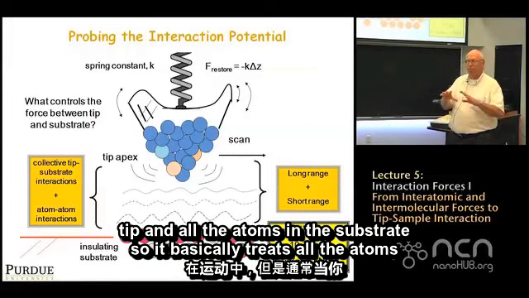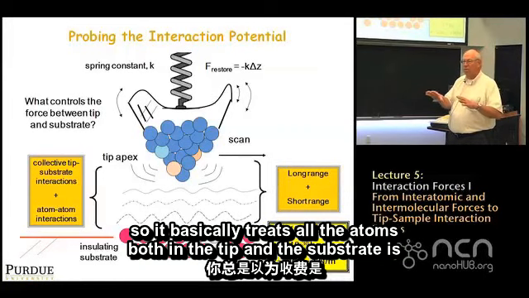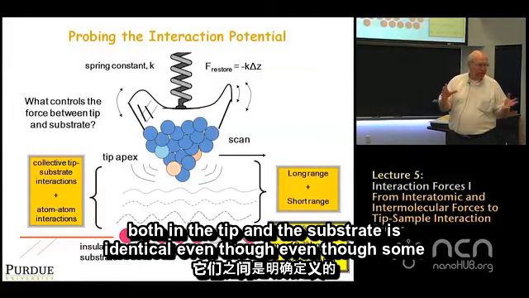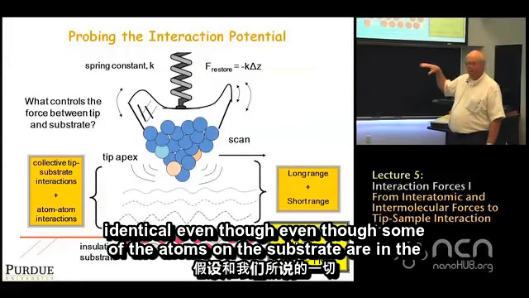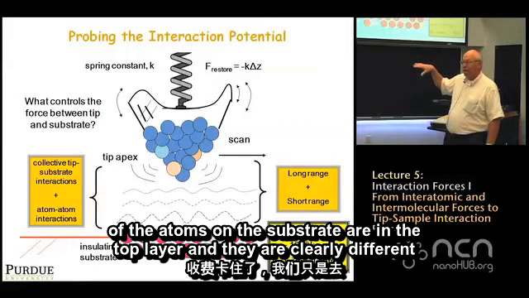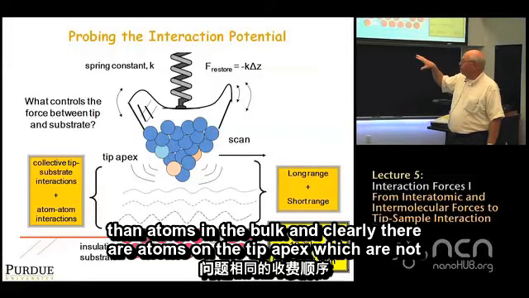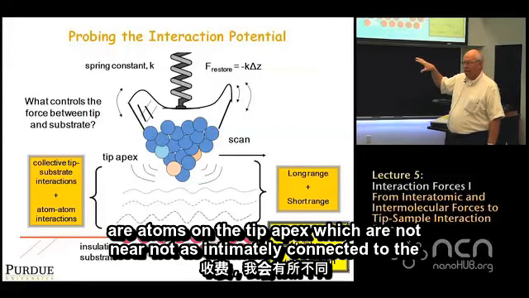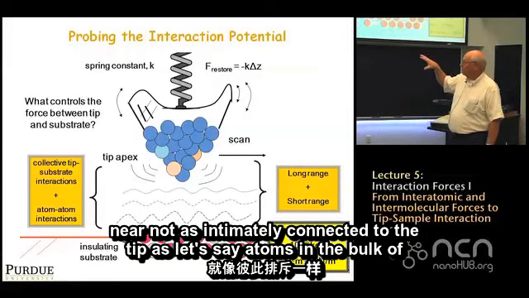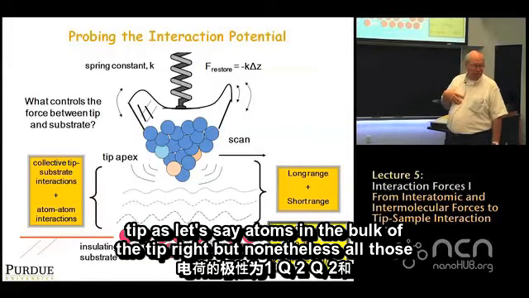So it basically treats all the atoms, both in the tip and the substrate, as identical, even though some of the atoms on the substrate are in the top layer, and they are clearly different than atoms in the bulk. And clearly there are atoms on the tip apex, which are not as intimately connected to the tip as, let's say, atoms in the bulk of the tip, right?